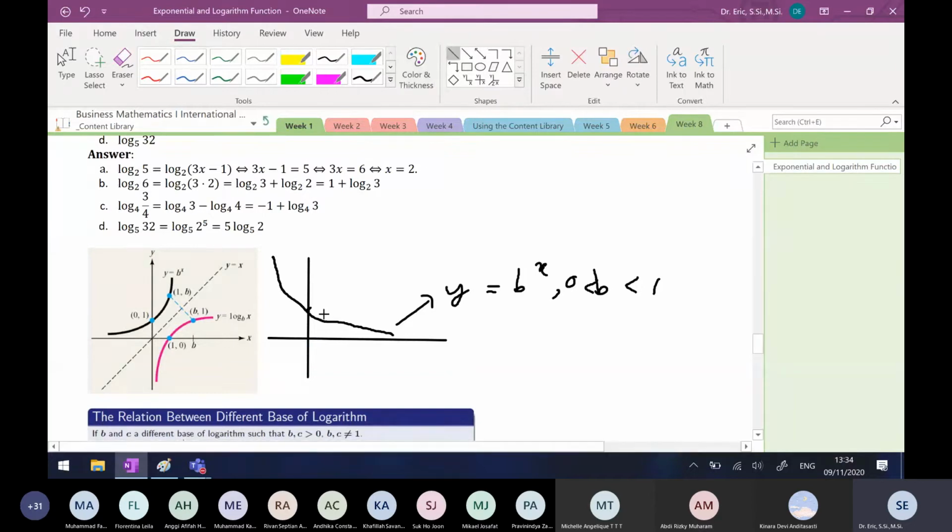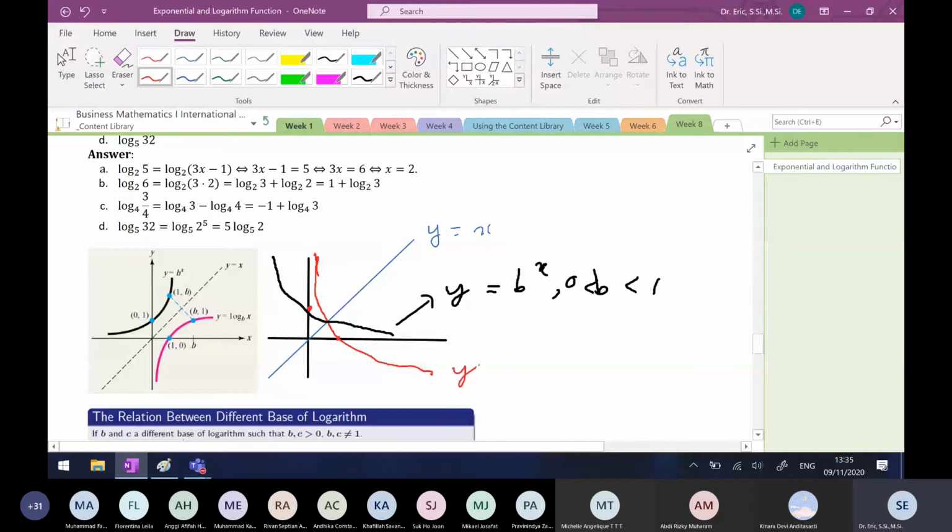I have to reflect this with respect to y equals x. Reflect this, and I can have this kind of figure. So this asymptote will go to this asymptote, and this one can be reflected downward.